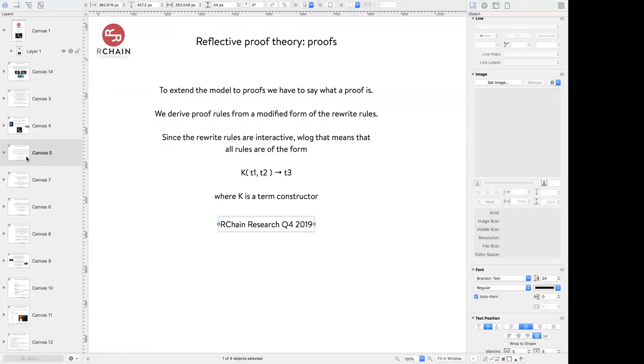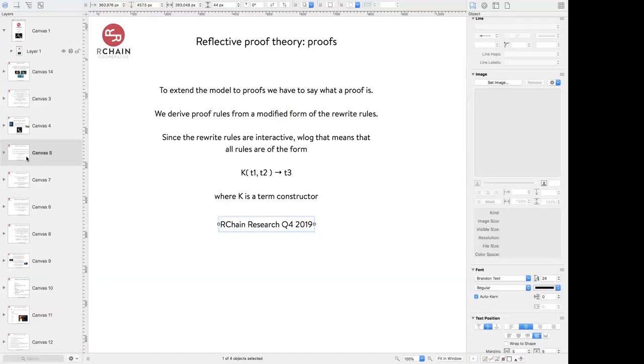Now, to say that the rewrite rules are interactive without loss of generality means that all the rules are of the form K of T1, T2 rewrites to some T3, where K is some term constructor for the terms that we are rewriting. So an example would be beta reduction for the lambda calculus: K is the apply operator, and T1 and T2 are lambda terms.